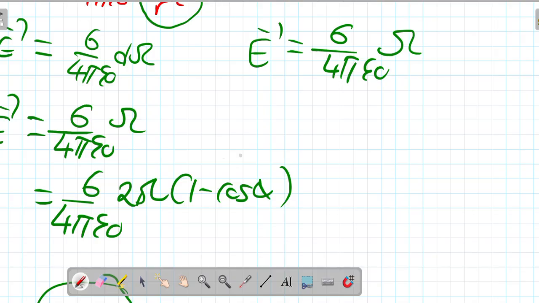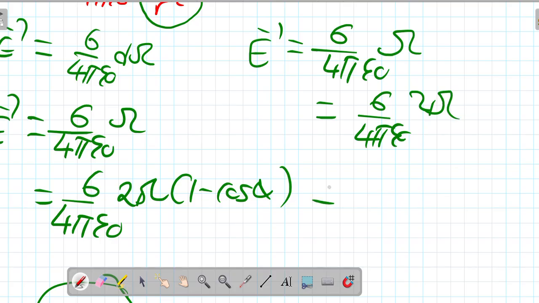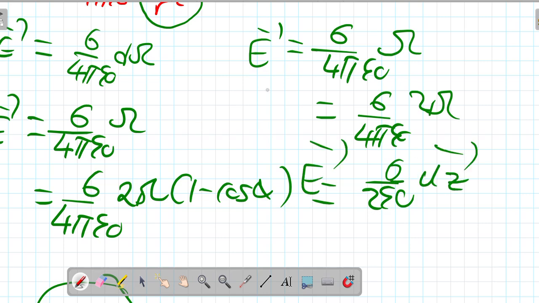The solid angle on which we see an infinite plane, a half space, is 2 pi. We learned about this. So sigma over 4 pi epsilon 0 times 2 pi gives sigma over 2 epsilon 0, which is always the same answer for the plane. Then you just put the direction, because this is a vector. As simple as that.